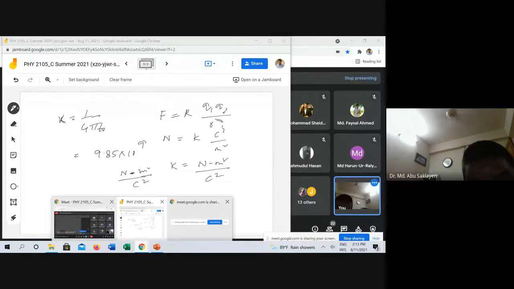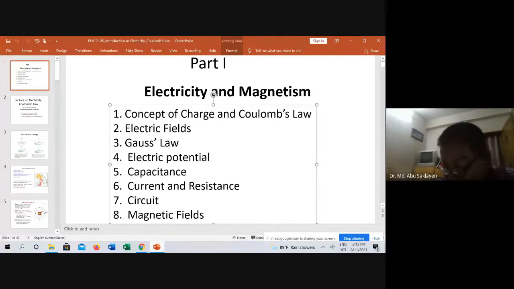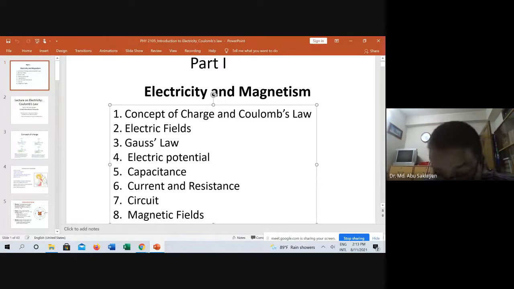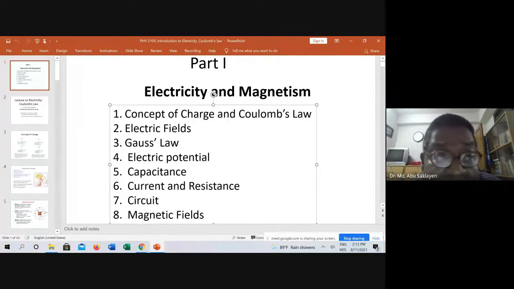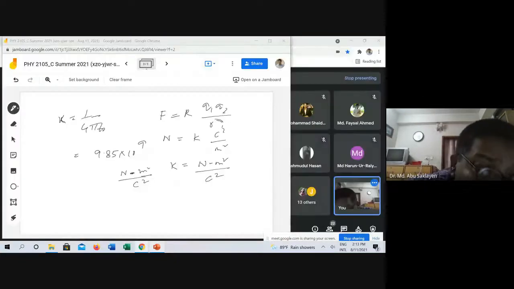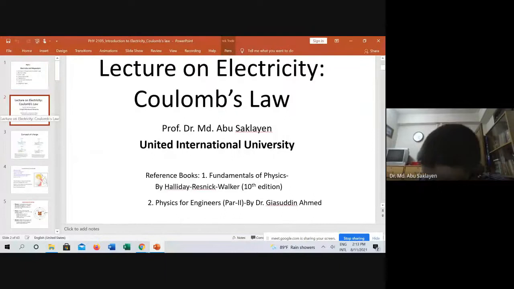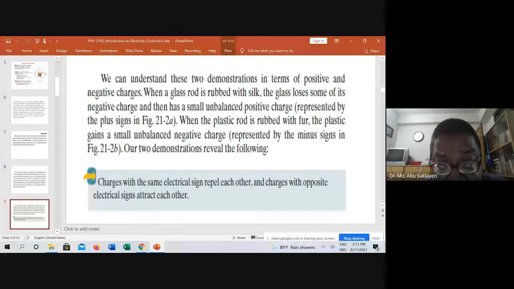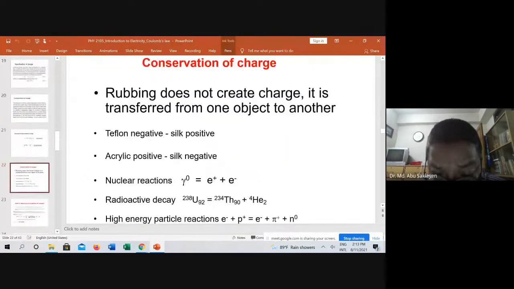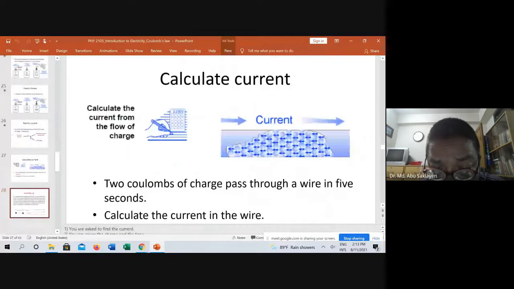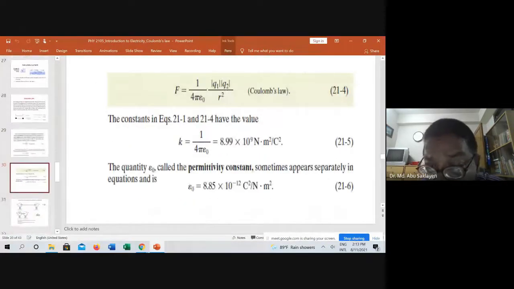Okay. So what is this? Do you know it? This is called the permittivity constant.